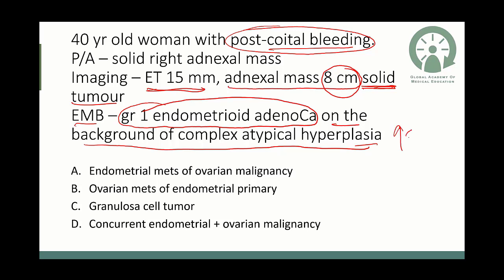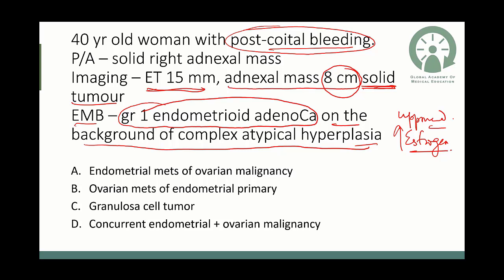Definitely there is an excess of estrogen, unopposed estrogen I would say. Something is causing an unopposed surge of estrogen which has caused the complex atypical hyperplasia and later turned into grade 1 endometrioid adenocarcinoma. So let us see the options now.